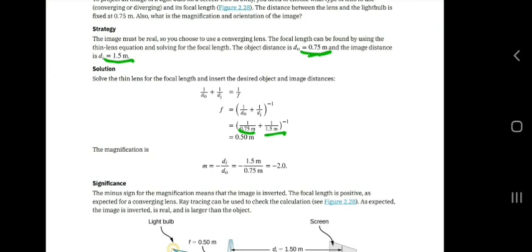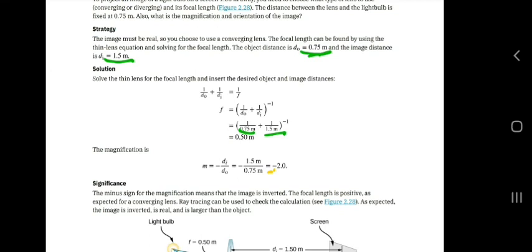So negative 1.5 meter over 0.75 meter is equal to negative 2.0. So that's the magnification. The minus sign of the magnification means that the image is inverted, na invert ang iyang image.